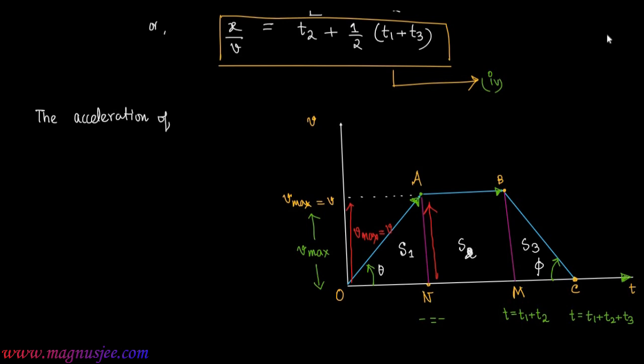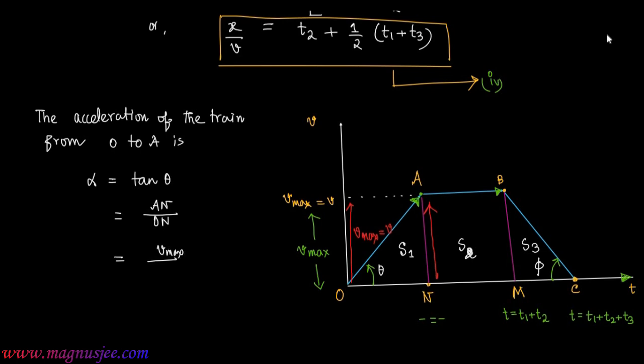The acceleration of the train from the point O to A while traversing a distance s1 is given by alpha equal to tan theta, where theta is the angle subtended by the velocity time graph OA with positive time axis, which is equal to AN by ON, which is equal to Vmax by T1.